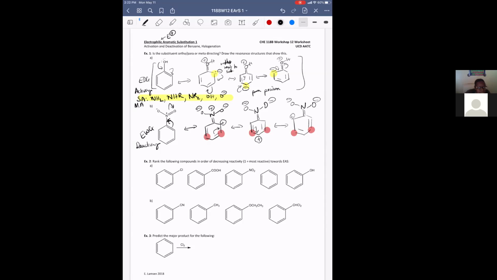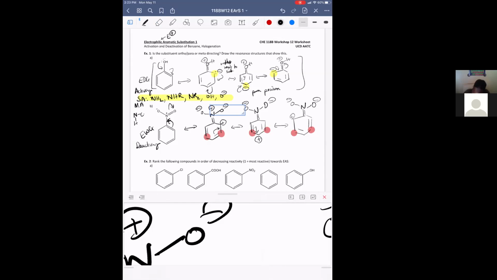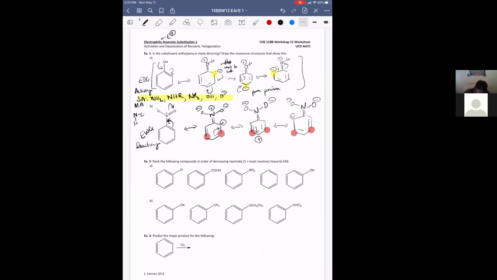So examples of that can be our amide, where we have NH, and then we have C, double bond O, CH3, right?